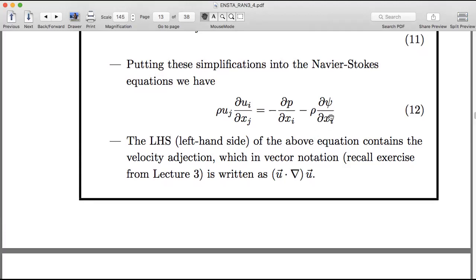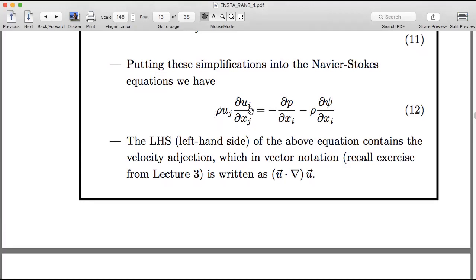So I have to translate this into vector notation, which is easy for these terms. This is just the gradient of the pressure and the gradient of this psi. But the advection term is a little bit more complicated. We did do that in an exercise.